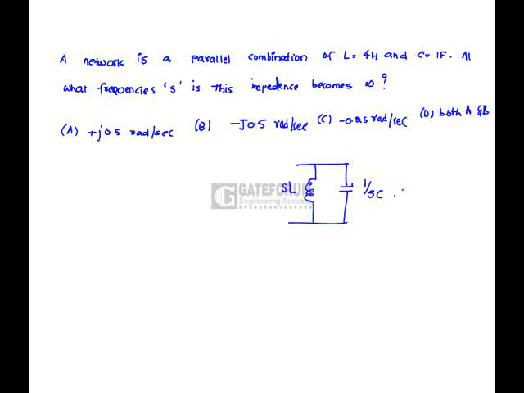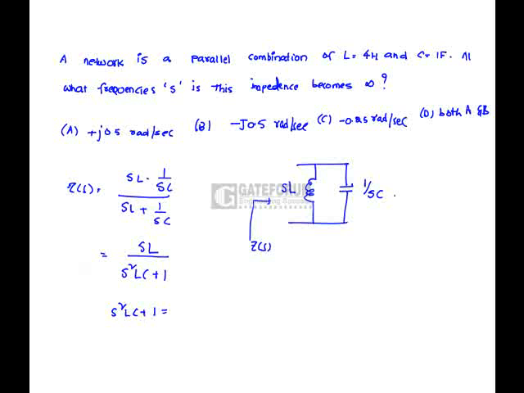Here we know the L as well as C values, so Z of s is going to be the parallel combination of both sL and 1 by sC, that is sL into 1 over sC divided by sL plus 1 over sC. So that is sL over s square LC plus 1. The impedance becomes infinite whenever s square LC plus 1 equals 0.